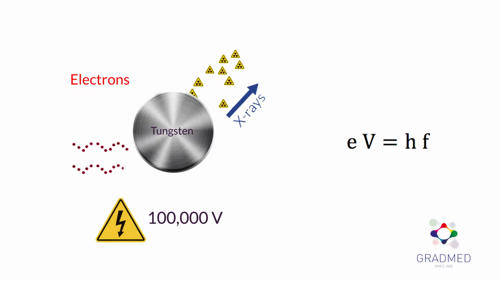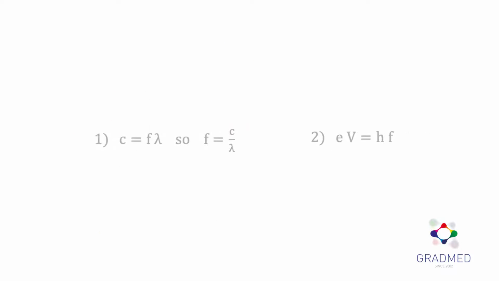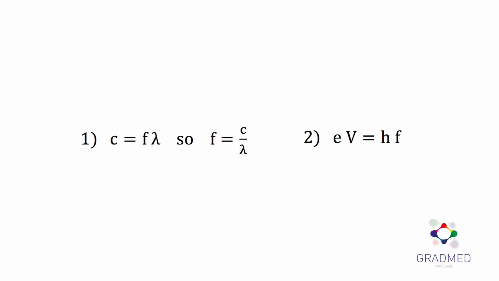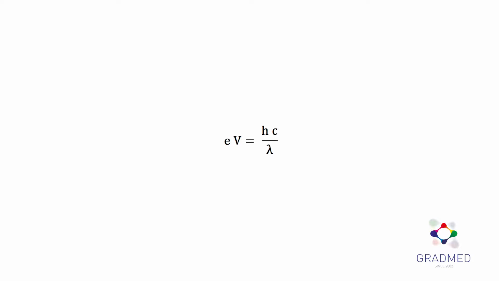And what about the wavelength of the X-rays produced? Well, look at the two equations we have here. We can actually combine these two equations by substituting the first equation for frequency into the second equation, giving us this combined equation.